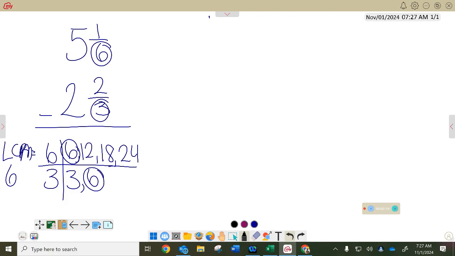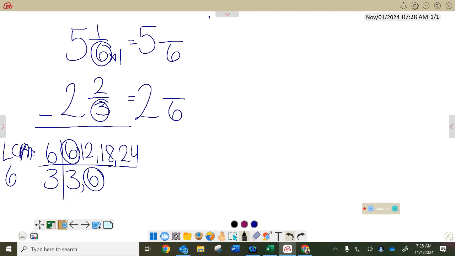All right, so now we're going to make those equivalent fractions using 6 as our common denominator. You want to make sure that you do bring over those whole numbers in our mixed number so we do not forget. All right, so 1/6 already has 6 as a common denominator. So if you want to do the steps, you can say 6 times 1 equals 6.